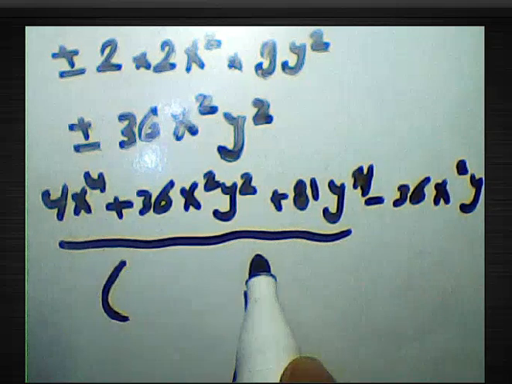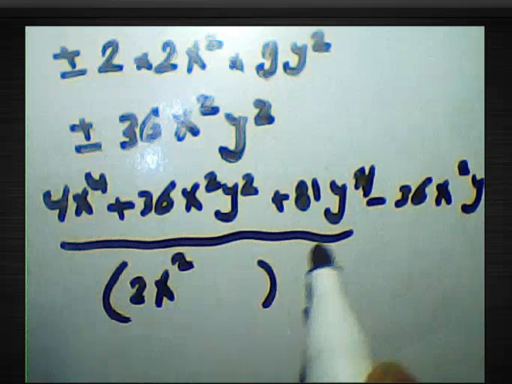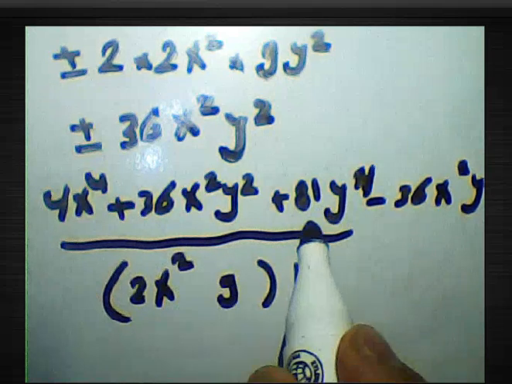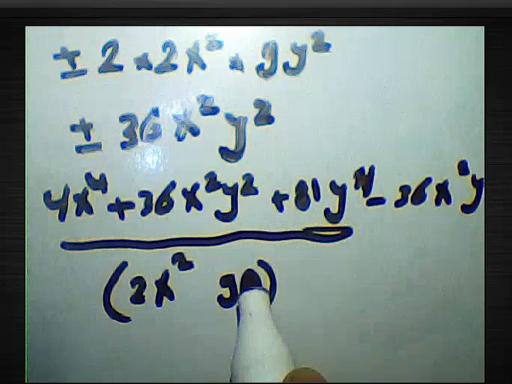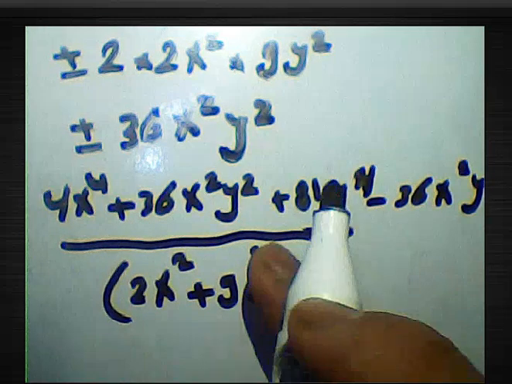We can write the square root of the first, which will be 2x power 2, and here the square root of the third, 9y power 2, and write the positive sign here.